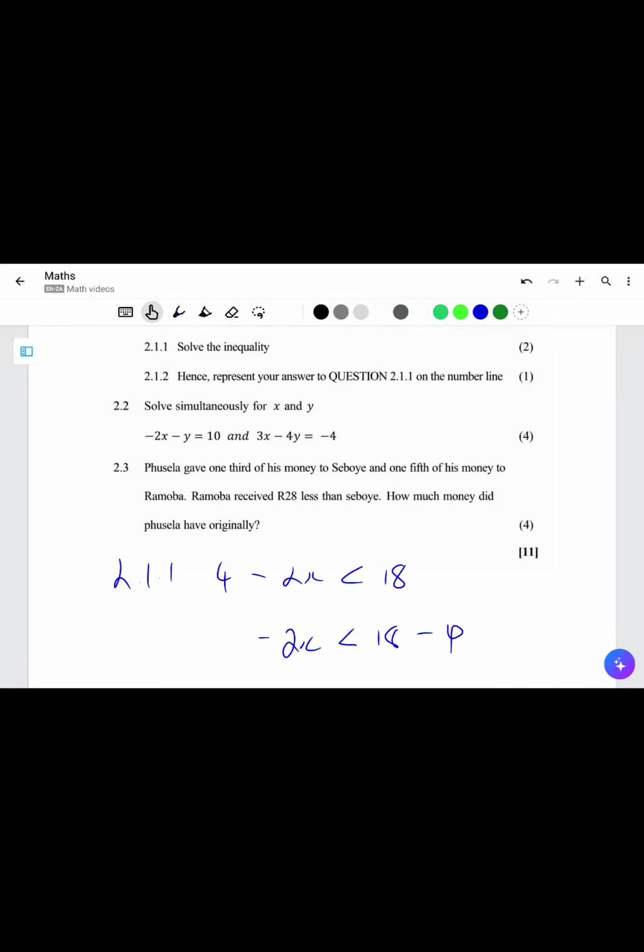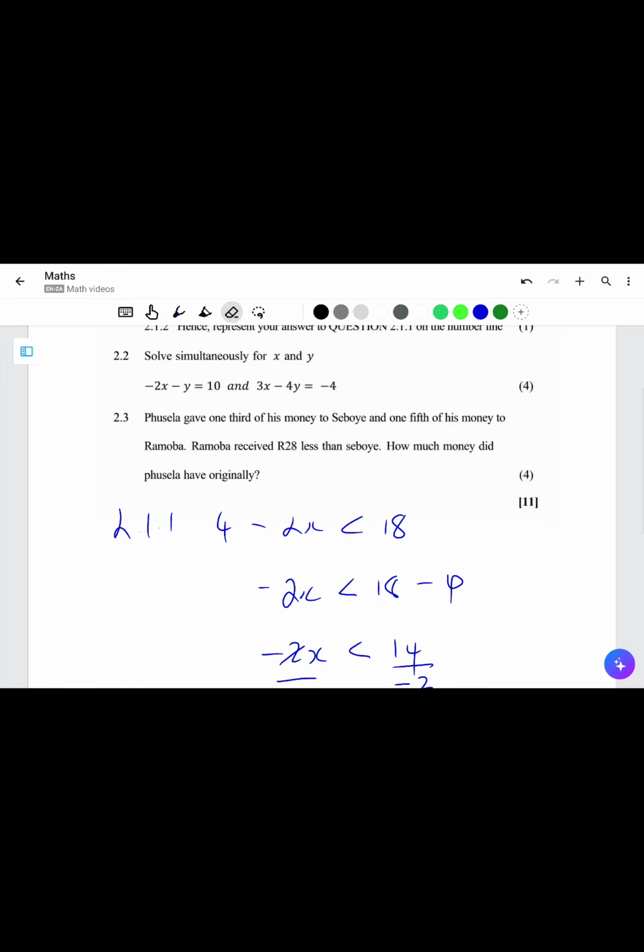Next question says now, 2.2, solve simultaneously for x and y. And we're given two equations: minus 2x minus y equals 10, and 3x minus 4y equals -4. So I'm just going to make some space here so that we can get that sum done.